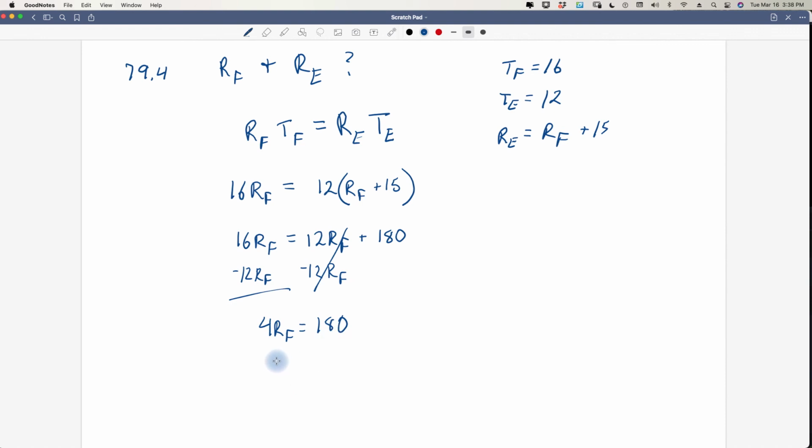So R sub F equals 45, because 180 divided by 4 is 45. All right, now that I have R sub F, I can put it in for R sub E. So R sub E equals R sub F, which is 45, plus 15. So R sub E is 60.